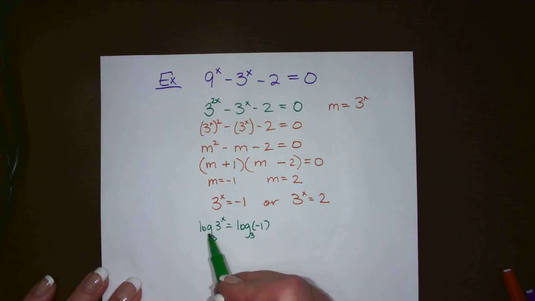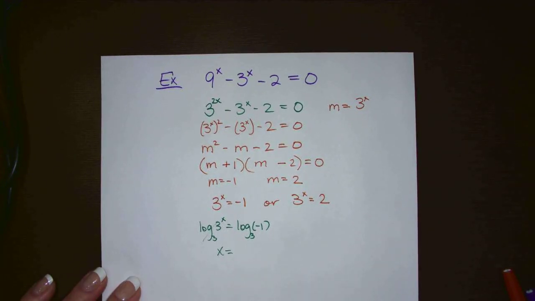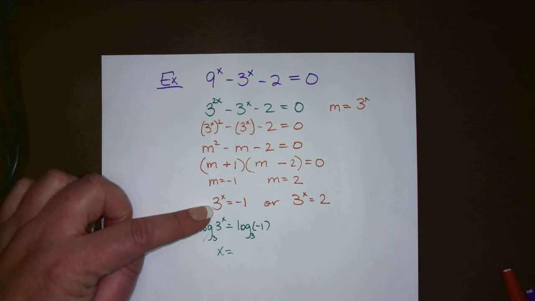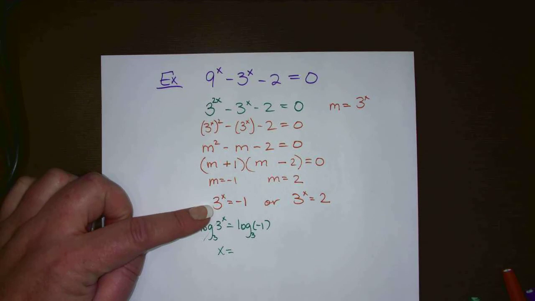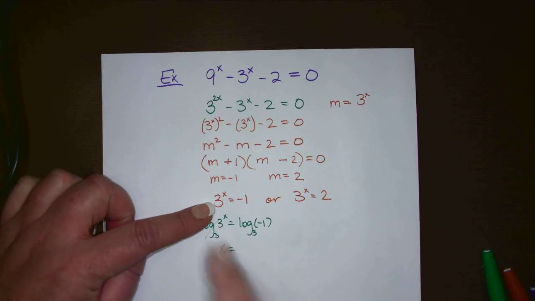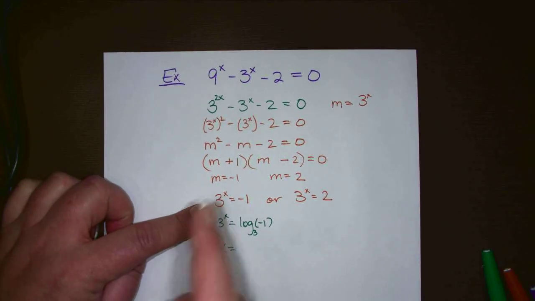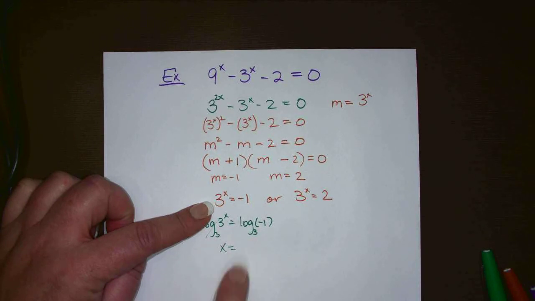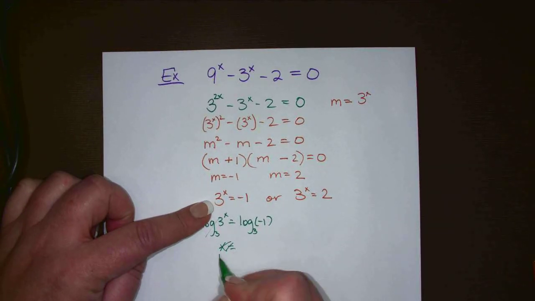So we get x equals, and what about this? Undefined, right? You can't have a log of a negative. You could notice it here. 3 to some power, what are the answers to that? 1, 3, 9, and stuff in between, but you can't get a negative. You can get fractions if you raise it to a negative power, but you can never get a negative. So this doesn't work. This is undefined.